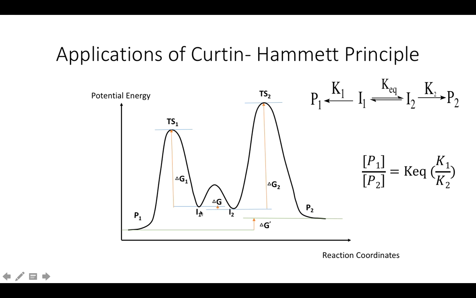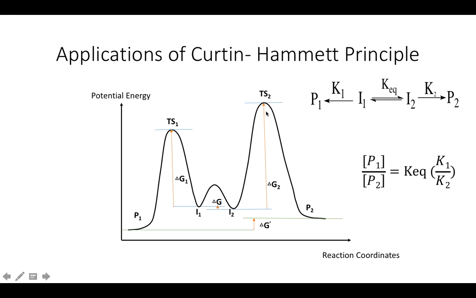Having said that, you may think that product 2 is the major product because it is arising from a stable intermediate. But this is not right, because according to the Curtin-Hammett principle, the stability of the intermediate is not important in diastereoselectivity. It is only the energy barrier height which is important.